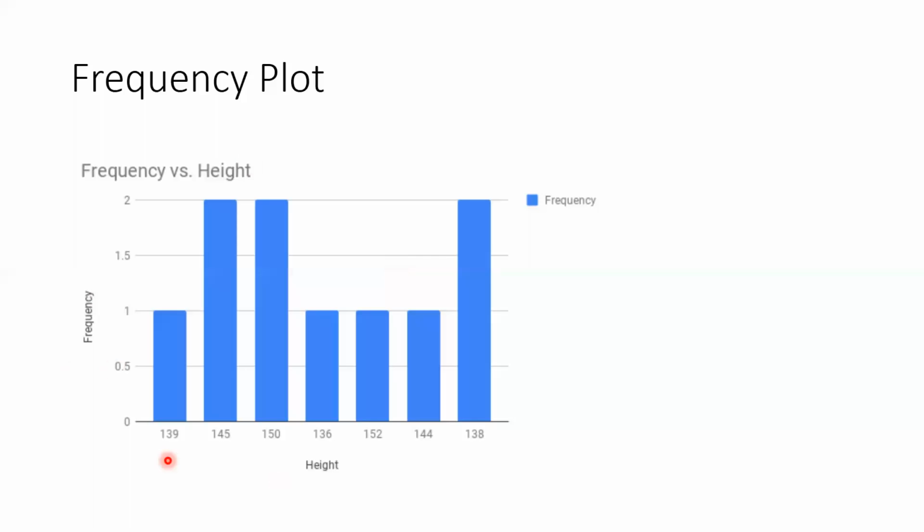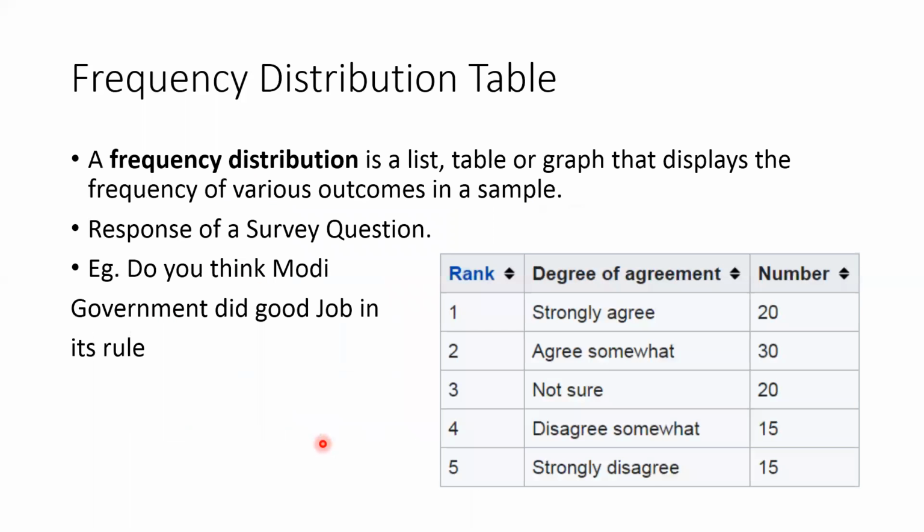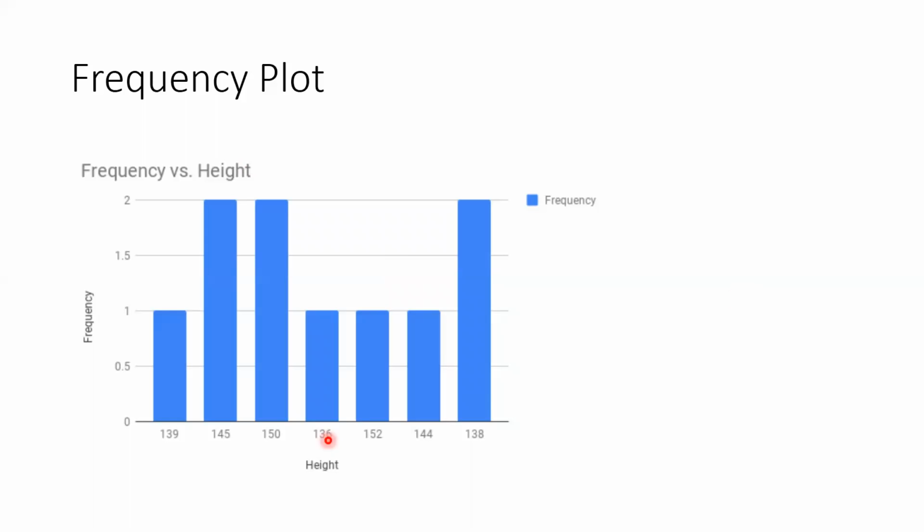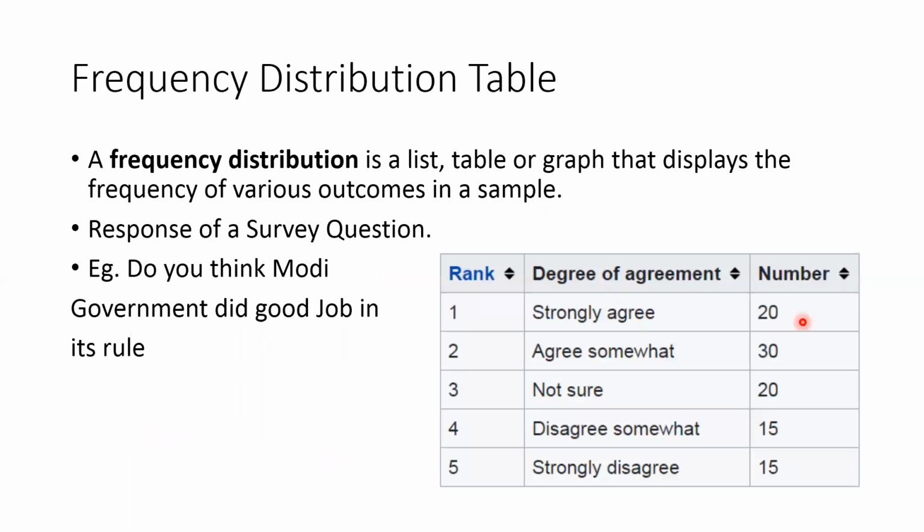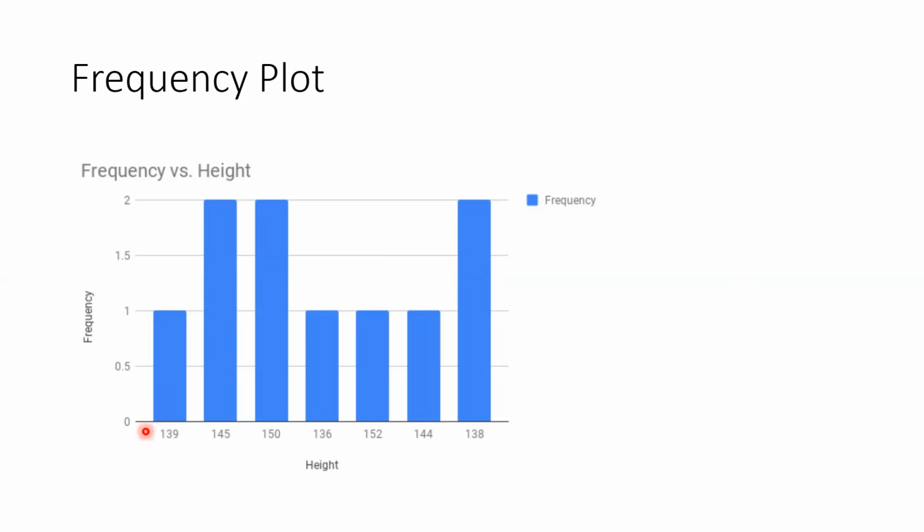Here, all the different values that I have got, the different degrees of agreement, I will plot. Strongly agree will come here, and how many times it has occurred: strongly agree has occurred 20 times, so I will make it up to 20.